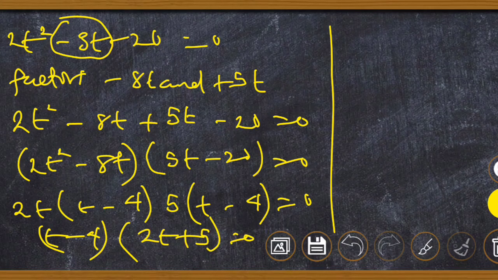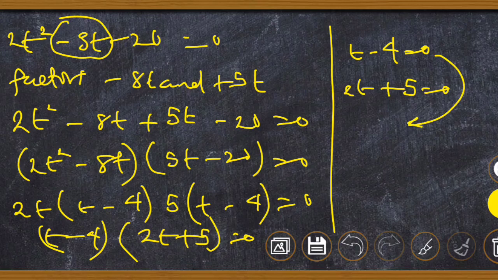If I have something of this kind, then it simply means t minus 4 equals 0 or 2t plus 5 equals 0. If t minus 4 equals 0, we should be having t equal to 4. And if 2t plus 5 equals 0, then we should be having t equal to minus 5 all over 2.